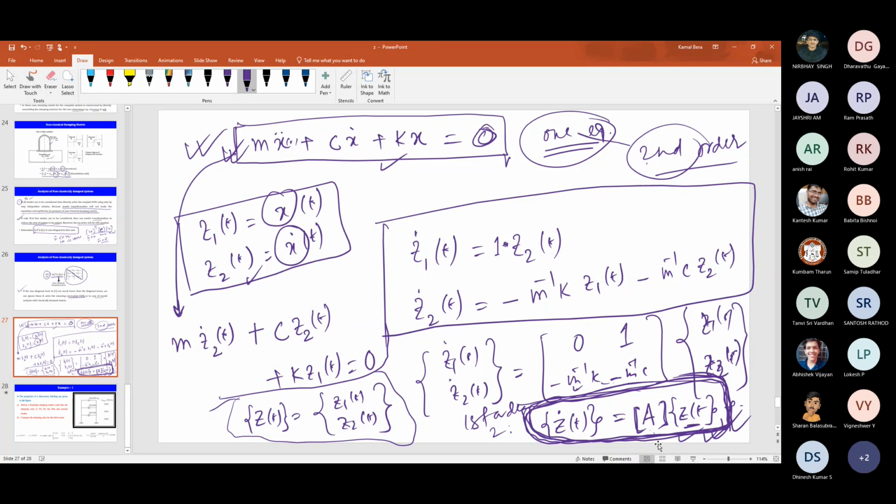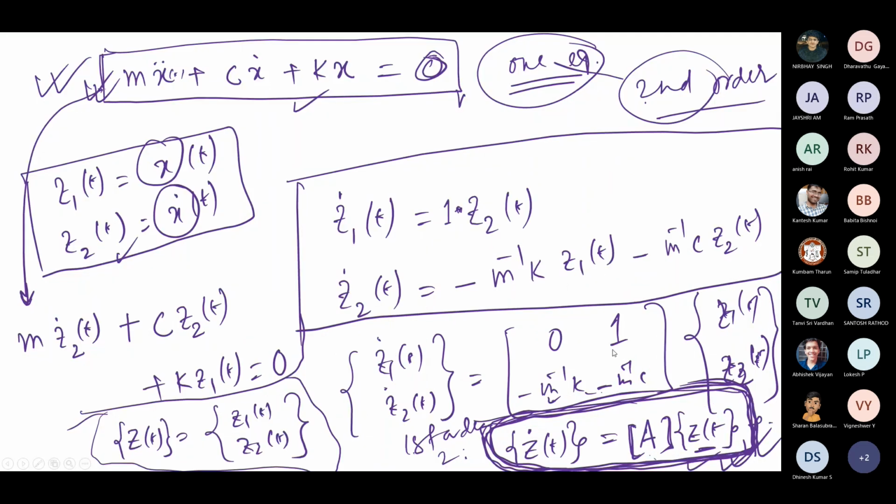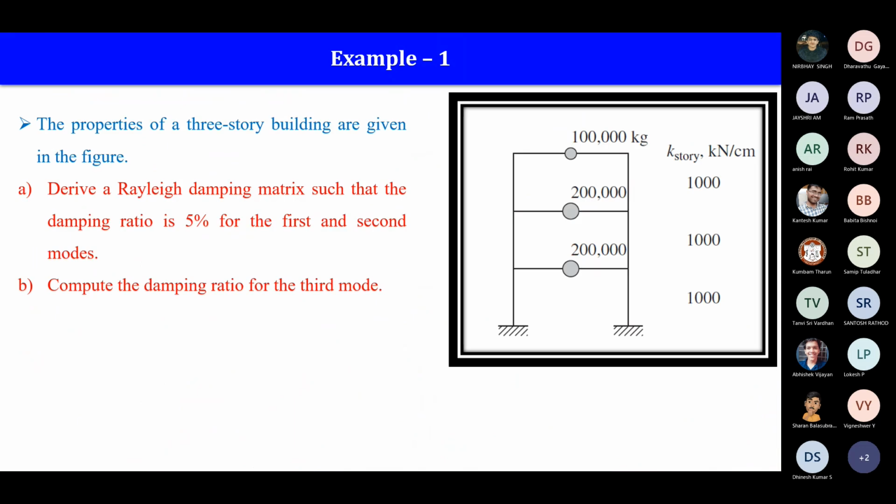Okay, done. Now please solve the problem if you have understood everything about Rayleigh damping or classical damping. If you have a doubt, you can ask me. A very simple problem. Similar type of problem, at least one, will be given in any one of the upcoming exams. It is very straightforward; if you solve it, you will find out.